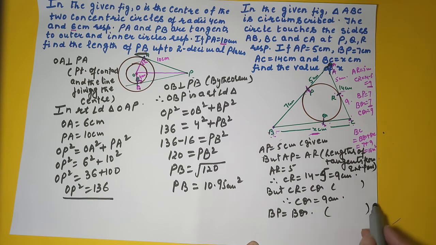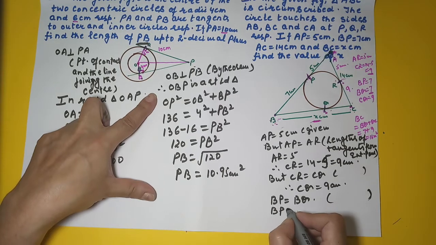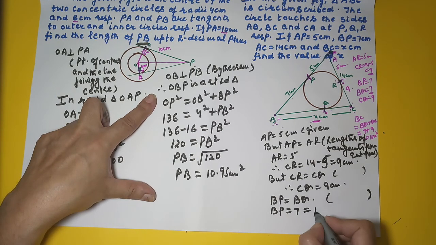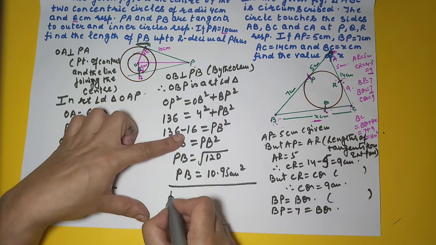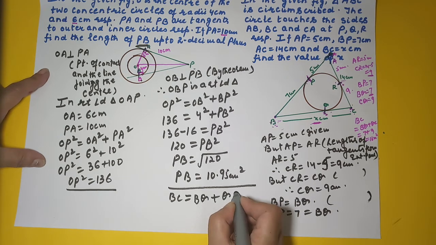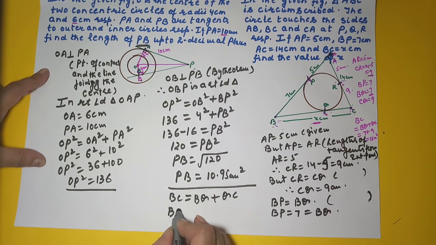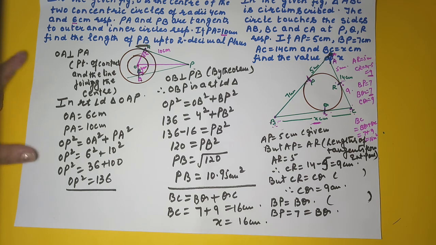Lengths of the tangents from the external point are equal. But your BP is equal to 7, which is equal to BQ. So, you can write BC is equal to BQ plus QC. So you have BC as BQ, 7, and QC, 9, which is equal to 16 centimeters. So you have found your X as 16 centimeters.